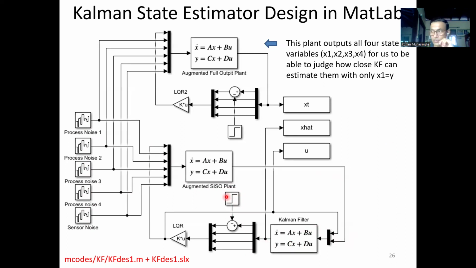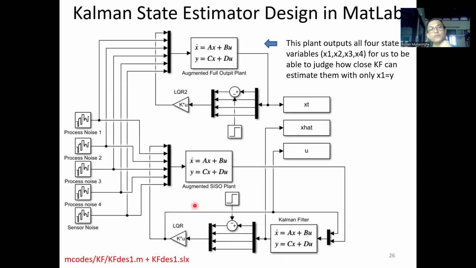And this is the reference value we have given, so that the LQR will try to move the first state variable to that level. It's just a step signal. The first state variable x1 has to go to 1. And it produces its control signal, which goes as input to the plant. So it's operating like this.